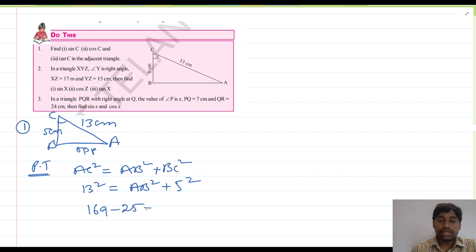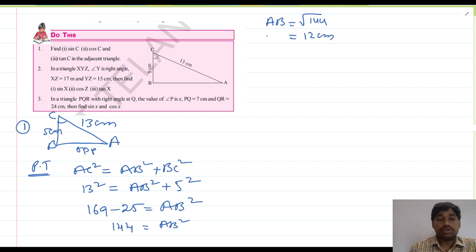Bring it to this side, it becomes 169 minus 25, that is equal to AB square. So the subtraction gives 144 as the AB square value. Then AB is the square root of 144, which means 12 centimeters. So AB value is 12 centimeters.